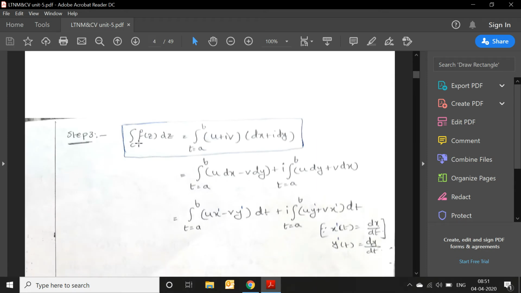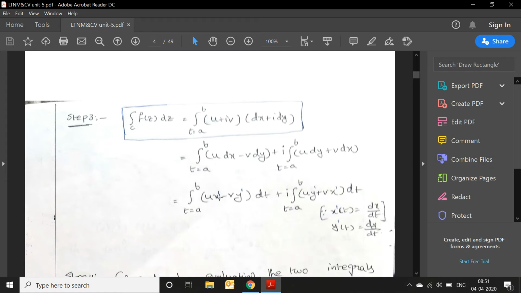Step 3: integral over c of f of z dz is equal to integral t equal to a to b of u plus iv into dx plus i dy. So here f of z is equal to u plus iv, and dz is equal to dx plus i dy. But the integration depends on t, so we can convert into t by multiplying these two terms and separating the real and imaginary parts.